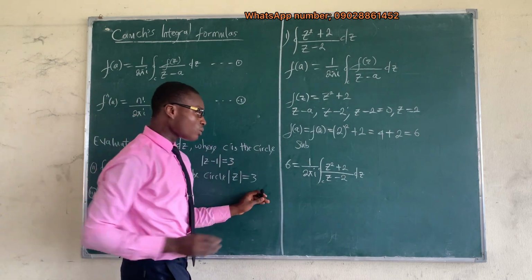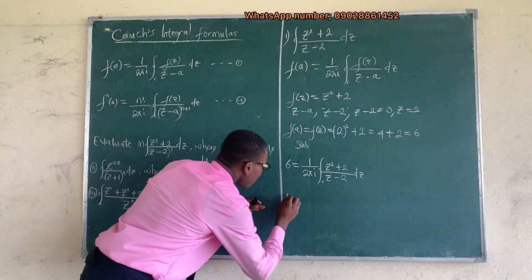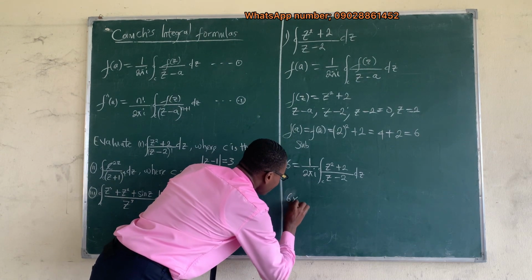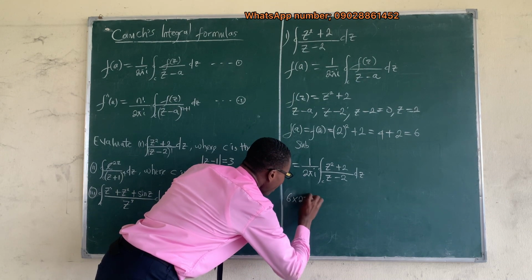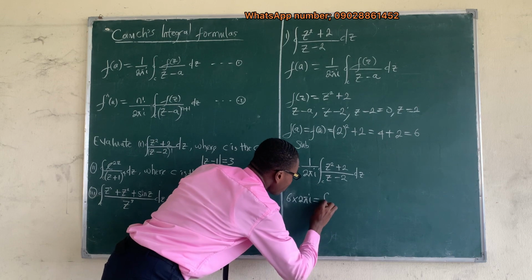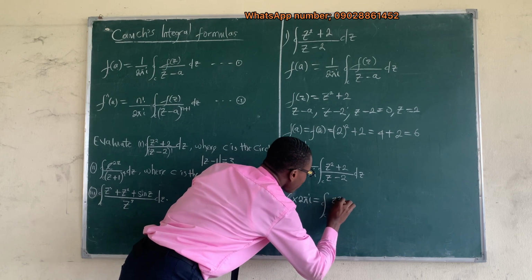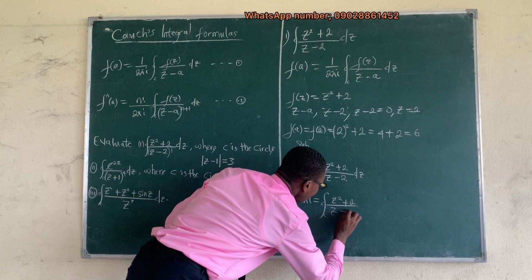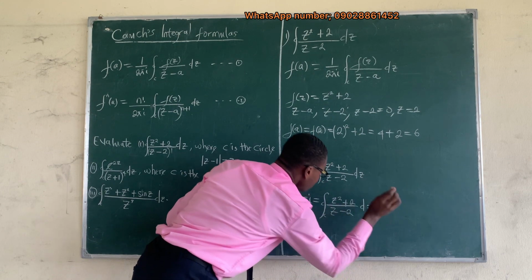So make this subject of formula by cross multiplying. You have 6 times 2 pi I equals the integral of z squared plus 2 over z minus 2 dz.